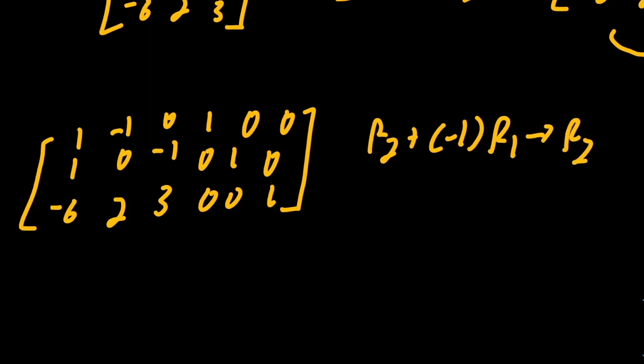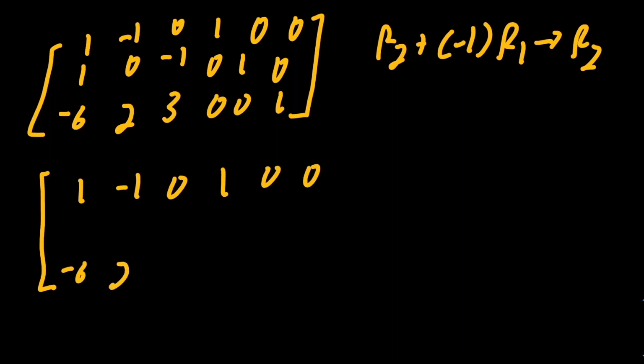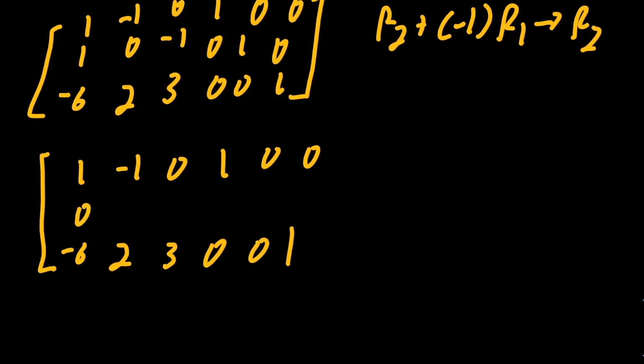As a result, we get a change in row 2, and rows 1 and 3 will be the same. Alright, row 2 is going to be 0, 1, -1, -1, 1, 0.